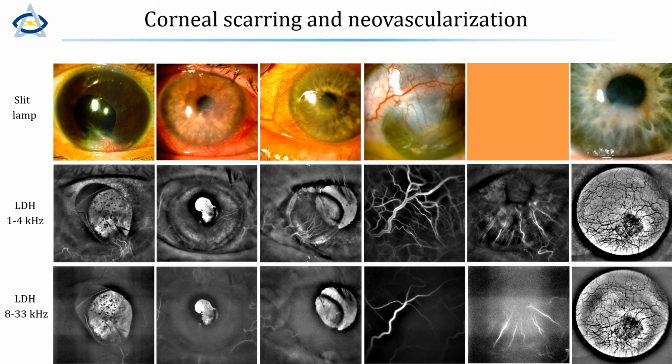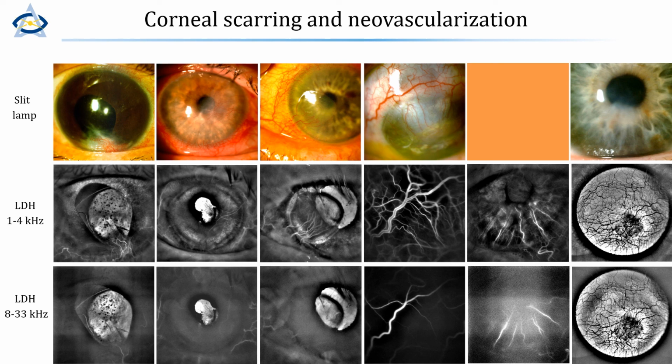Then the second and third one, you can see that the scarring is obstructing a part of the pupil, and that is very well revealed by LDH because the diffusion also creates a loss of contrast. And the fourth one, the corneal neovascularization has even invaded the pupil area and the patient had lost her sight.